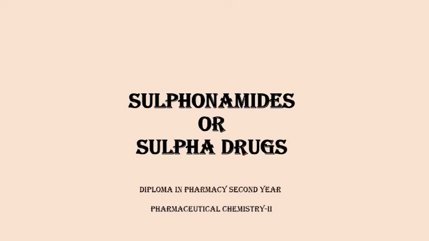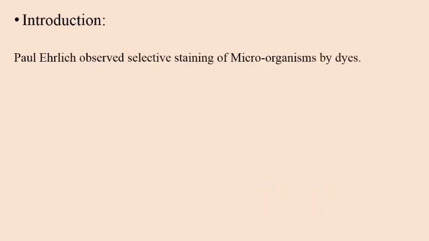Next chapter, second chapter, is sulfonamides or sulfa drugs. Now, as we discussed earlier, Paul Ehrlich was the scientist who came up with selective staining of microorganisms, and he suggested some dyes which kill the bacteria.